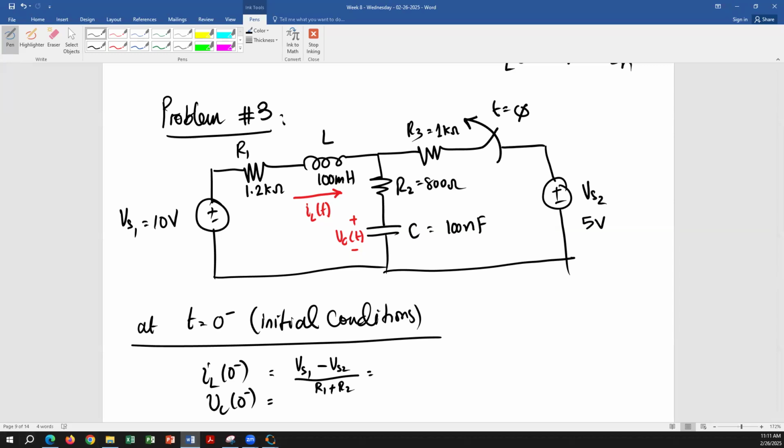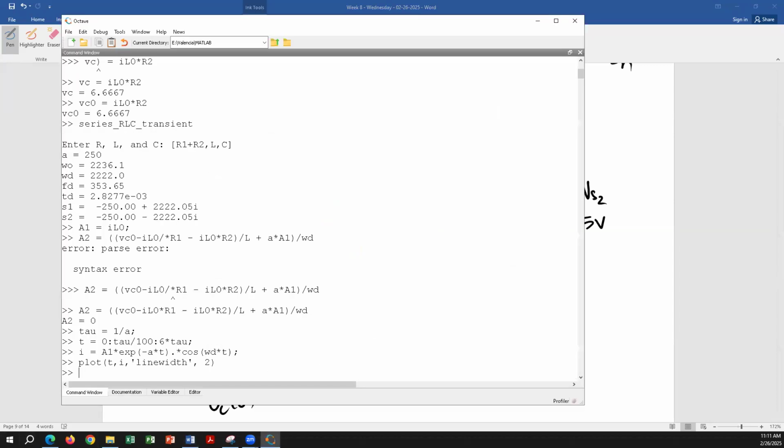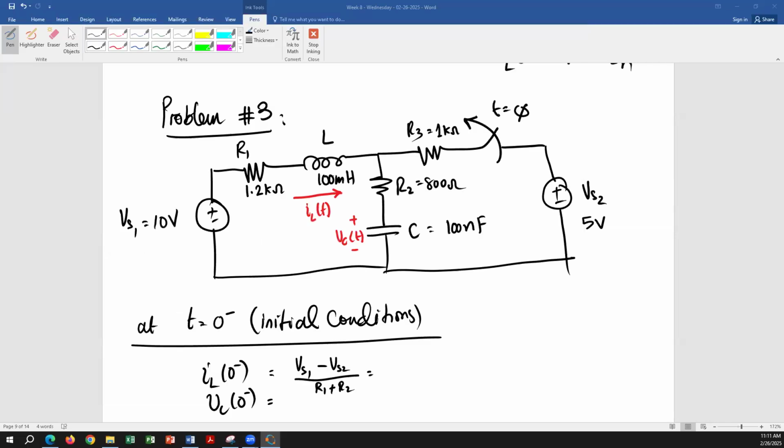Let me put everything in my MATLAB so we can do it quickly. Clear, clc. Vs1 is 10, R1 is 1.2 times 10 to the 3, L is 100 millihenry, R2 is 800 ohms, capacitor is 100 nanofarad, resistor 3 is 1 times 10 to the 3, and Vs2 is 5.